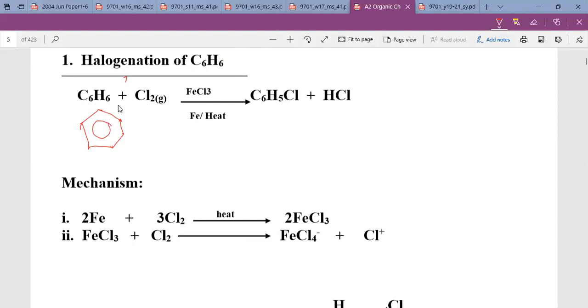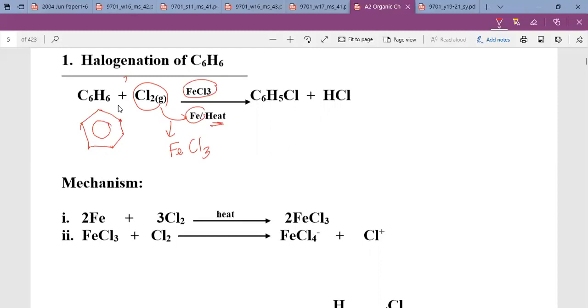Now these are the conditions: FeCl3 or Fe, iron solid, plus you must have Cl2 gas here, because this will give you FeCl3. You must have heat, because this must give you your FeCl3.